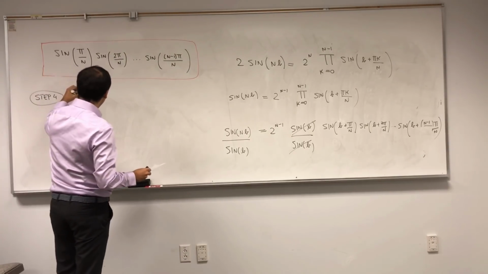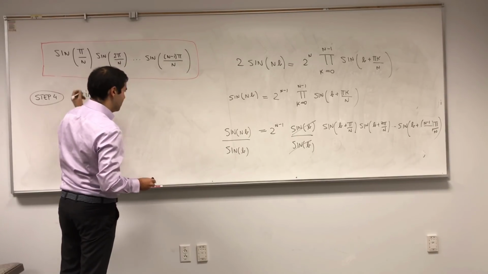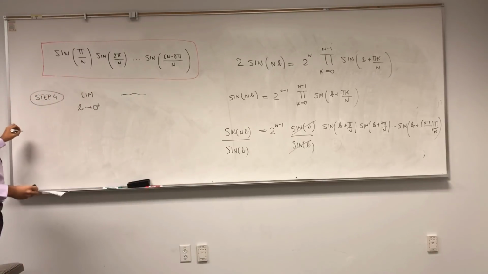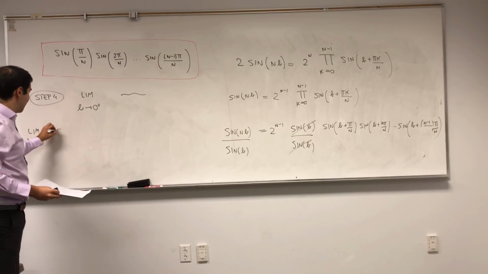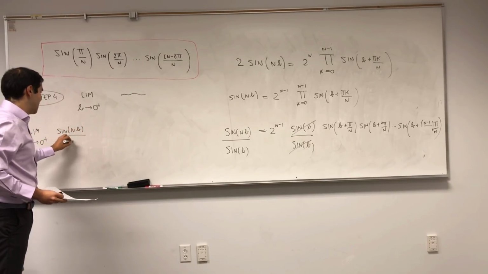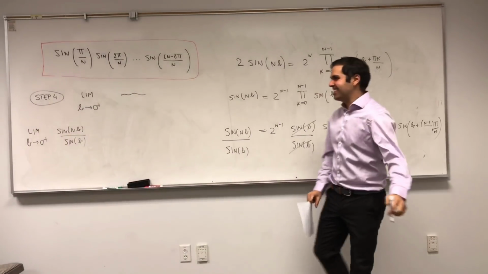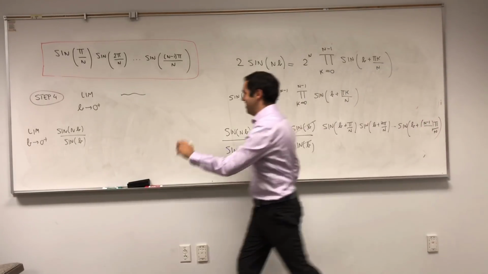Now, take the limit as b goes to 0 plus of this side. Limit as b goes to 0 plus of sine of nb over sine of b. Oh, I think someone may have broken his leg, because it's time for L'Hopital.